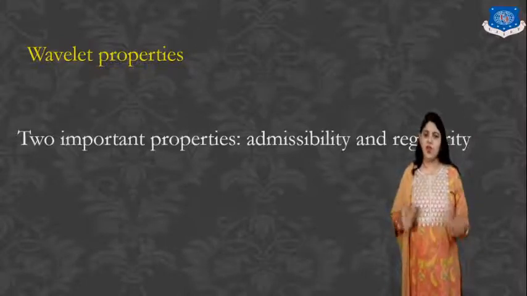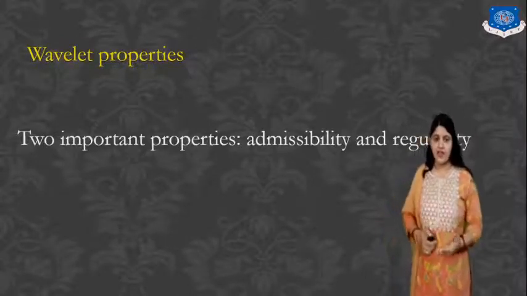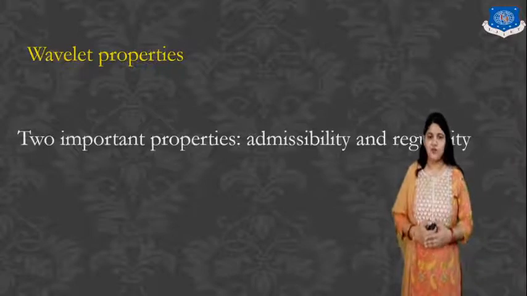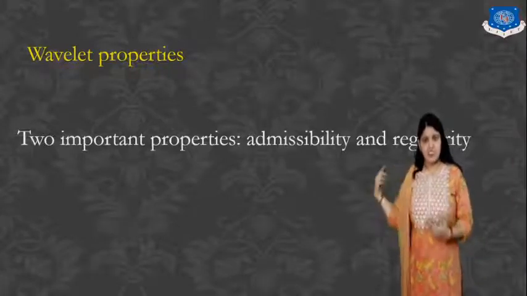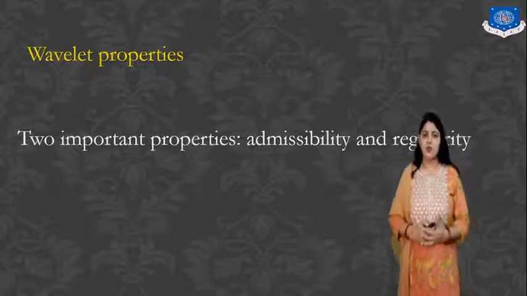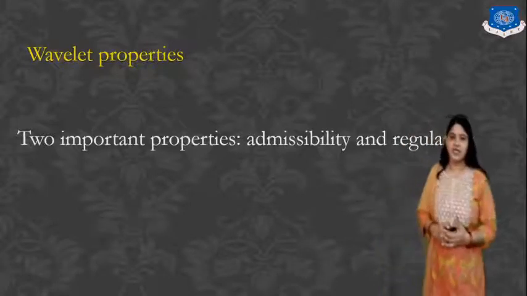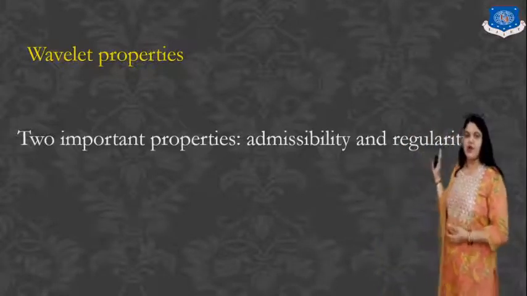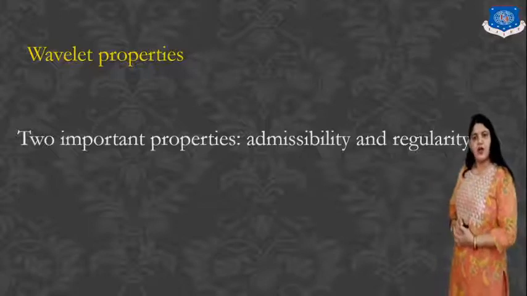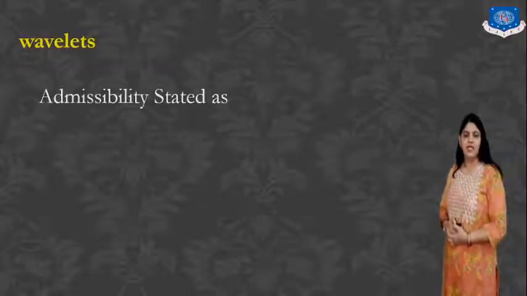Now there are various properties. There are two main properties of the wavelet: admissibility and regularity. Regularity is the other property. Now what is the admissibility property?